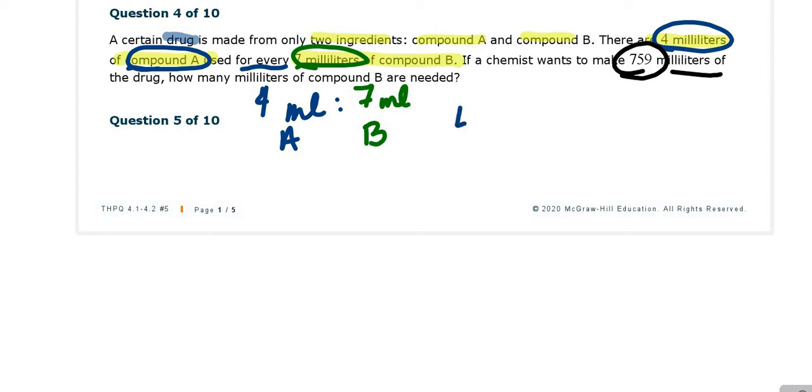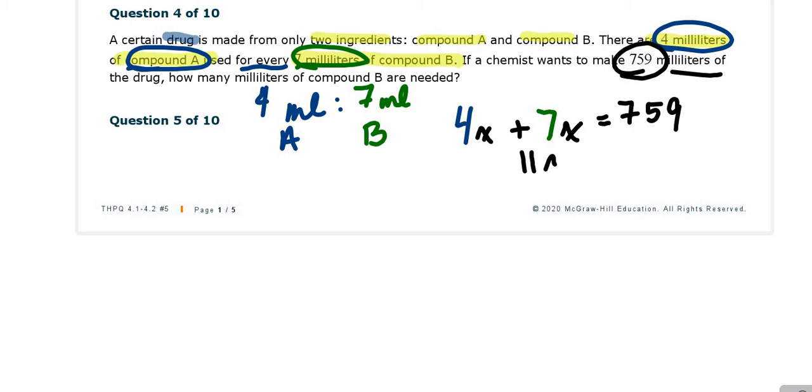So 4 times a certain amount plus 7 times that same amount equals 759 total milliliters. And then you're going to solve for x.